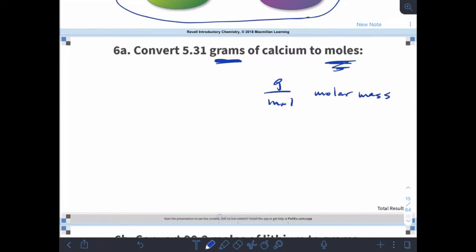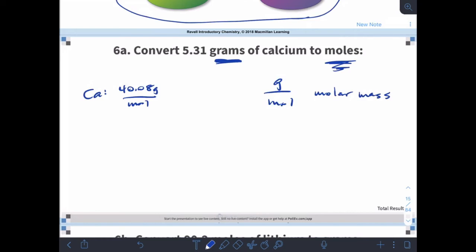Okay, so if I have 5.31 grams of calcium, I can look on the periodic table, and calcium has a molar mass of 40.08 grams per mole. Okay, and to back up a little bit, it's also very important to put the number with the grams.